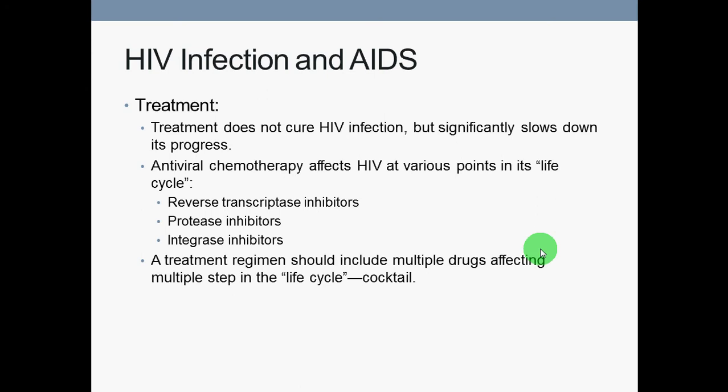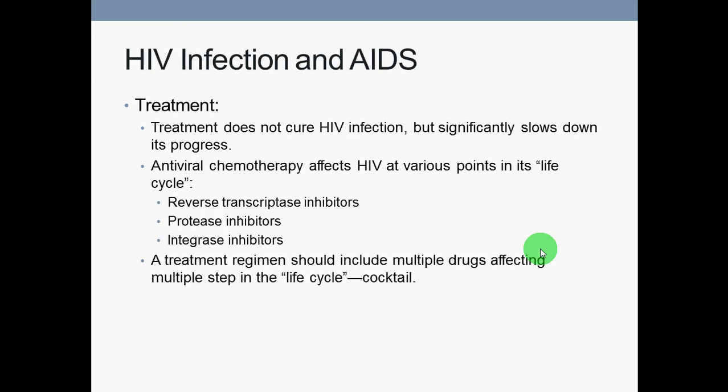The types of drugs that are used to treat HIV are reverse transcriptase inhibitors. Again, that's an enzyme that allows RNA viruses or retroviruses to turn their RNA into DNA. Protease inhibitors and integrase inhibitors, and we'll talk about what those are when I show you this next picture.